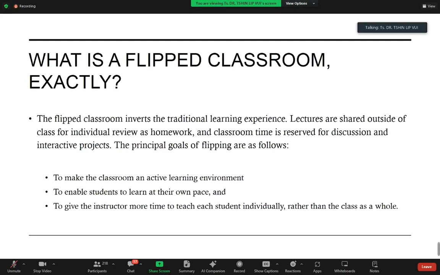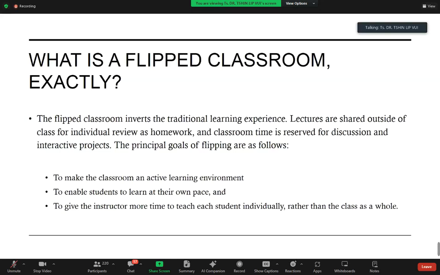And the principal goals of flipping are as follows. To make the classroom an active learning environment, because in the traditional learning system, the lecturer or the teacher and the student go into the class and we study all the notes together, and they have very limited time to discuss and have interaction between the lecturers and the students.